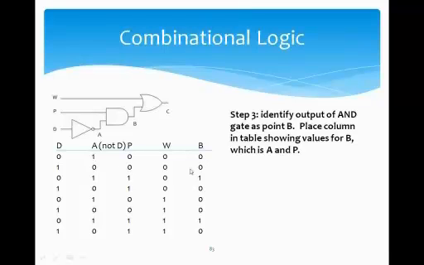There's a 0, 0, that produces a 0 output. Third line down, I've got a 1, 1, that produces a 1 output. 0, 1 is a 0. 1, 0 is a 0. 0, 0 is a 0. Here's another one, 1, 1, ANDed gives me a 1. 0, 1 ANDed gives me a 0. So there's the output of the AND gate relative to all its possible input combinations.